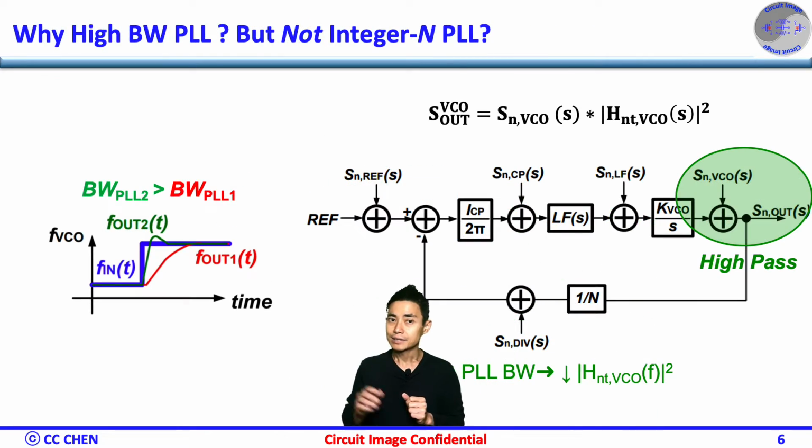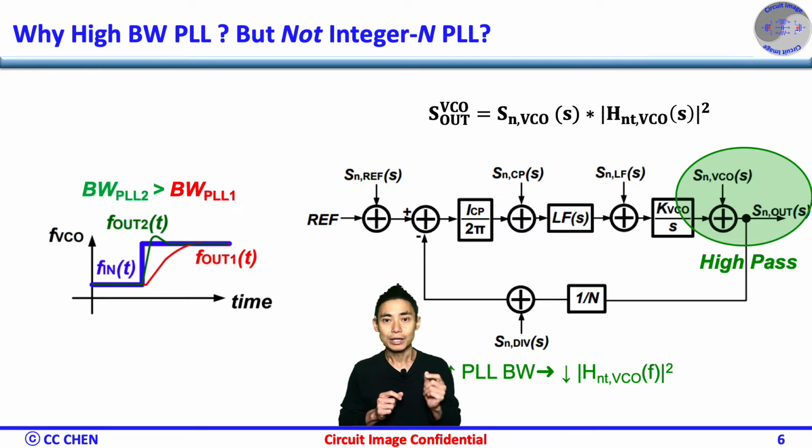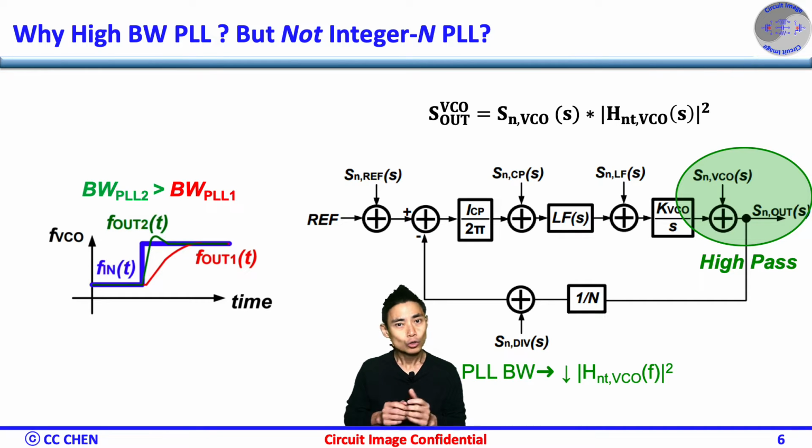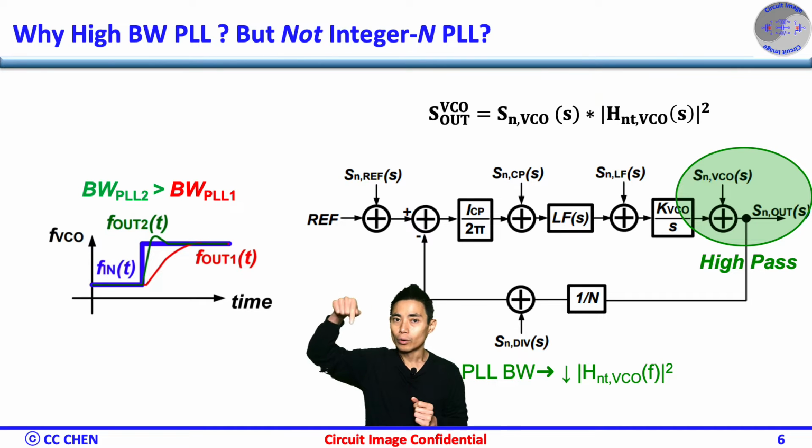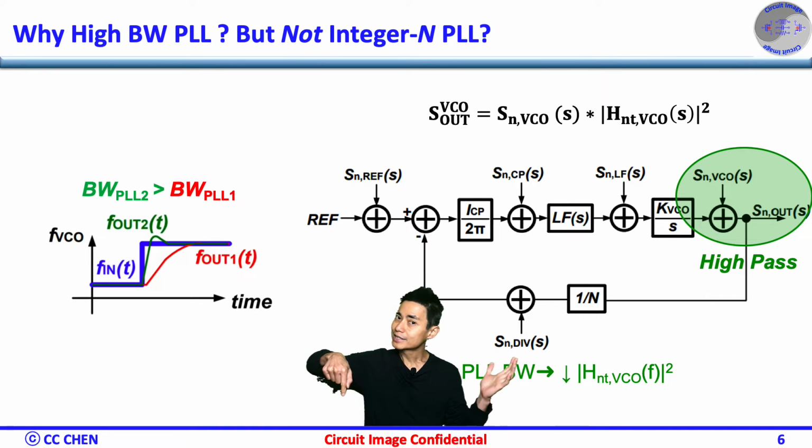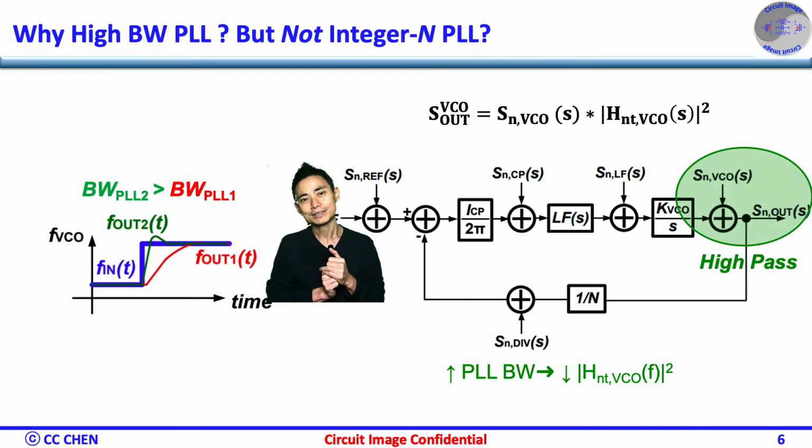After understanding the stability requirement between the PLL bandwidth and the reference clock frequency, do you prefer to have a higher or lower reference clock frequency? Correct. Again, it depends.